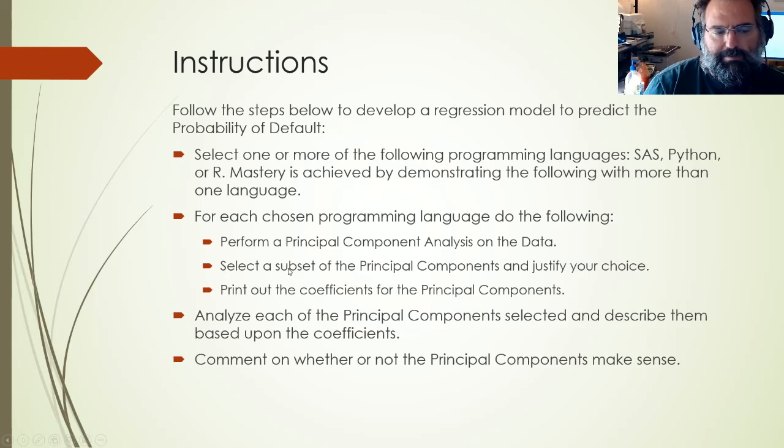So pick probably those that I'm guessing are greater than 1 for the eigenvalue. And then print the coefficients and describe them, and then comment on whether or not PCA makes sense for this particular assignment.